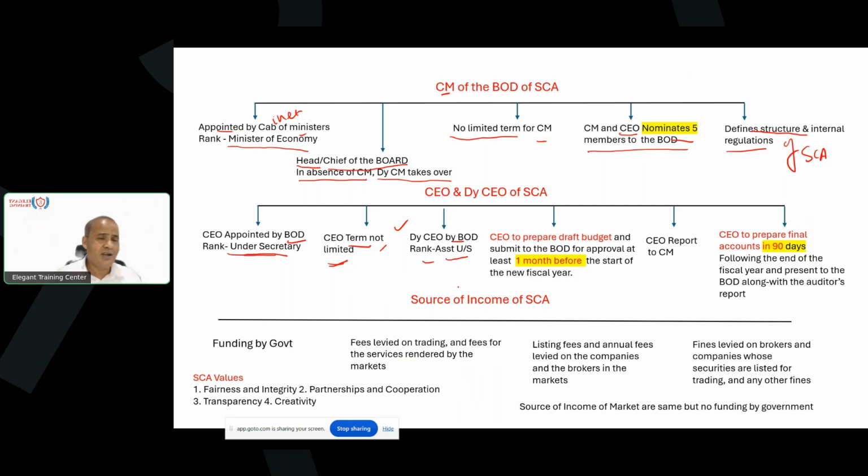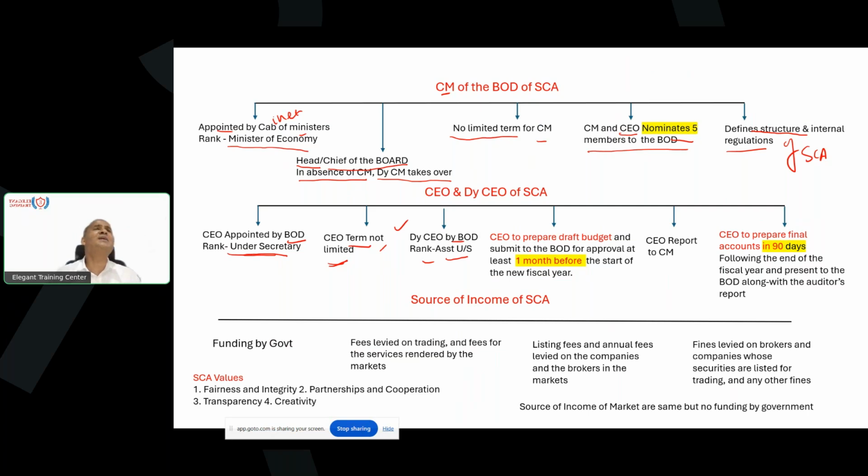Clear? It looks all easy, but you have to memorize. Chapter 1 is the fundamental chapter. Very important. Okay? You have to really memorize. Sir, I have one question. Here it says CEO nominates 5 members to the board, but here it says board members are electing the CEO.